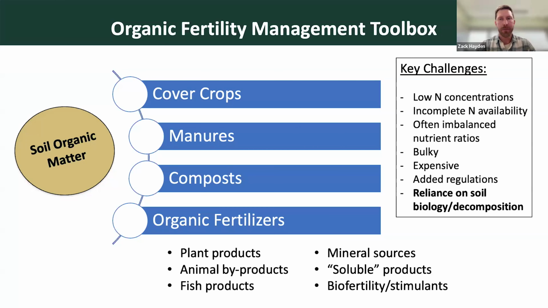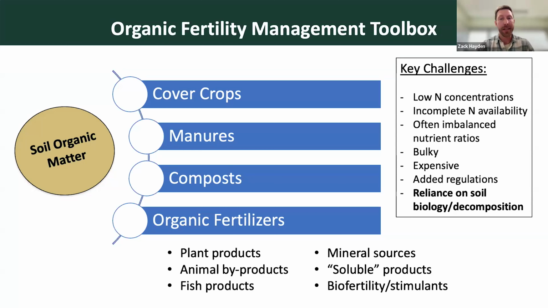But when we look at these fertility sources, we end up with some key challenges. There are some key things that are different about organic fertility sources compared to our conventional or synthetic fertilizers. A couple are listed here. Some I'll highlight: they usually have low nutrient concentrations overall, especially of nitrogen.